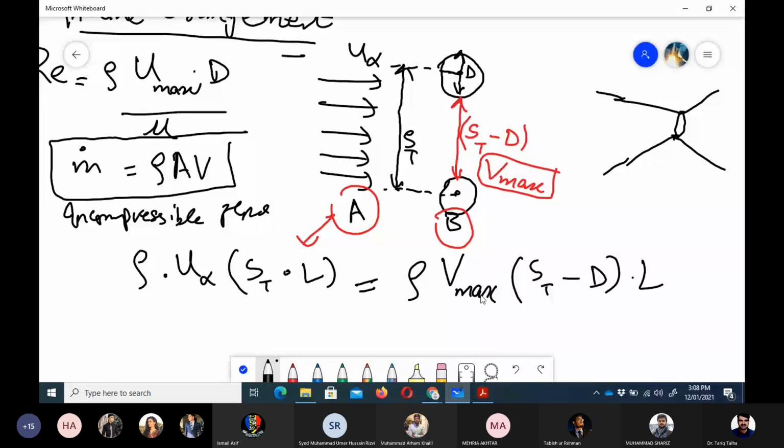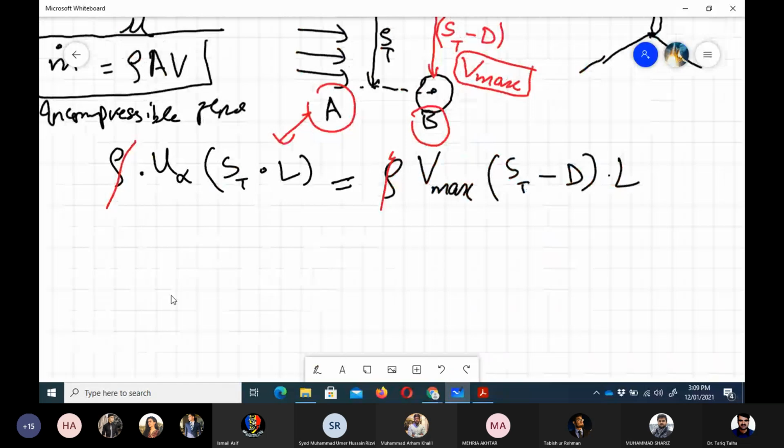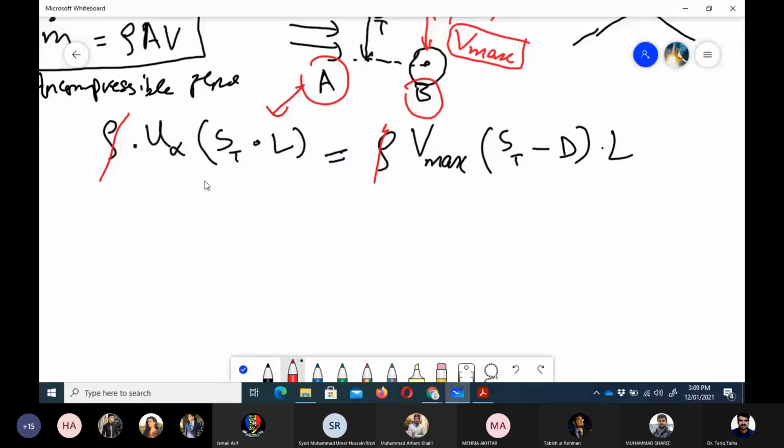So we would have maximum velocity, and the distance here is St minus D into the length, because the length of the tube is the same in both directions. So here, if we do the simplification and determine Vmax, we can cancel out this rho, and then we can write Vmax is equal to U infinity into St, because this length would also be cancelled out on both sides.